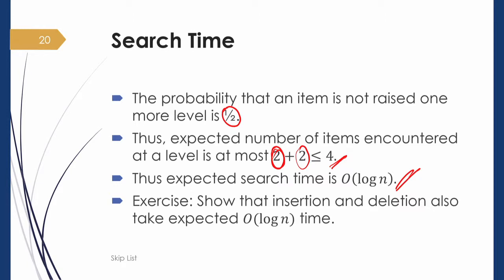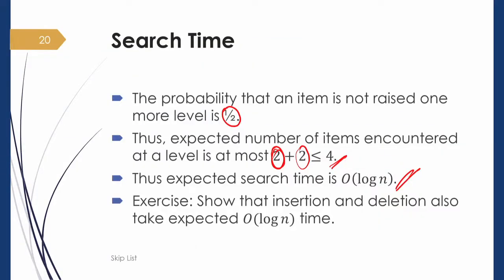And once we understand how search works, it is not very difficult to understand how insertions and deletions work, and to also show that their running times are also bounded on expectation by O of log n. So, this brings us to the end of this segment on analyzing skip lists.